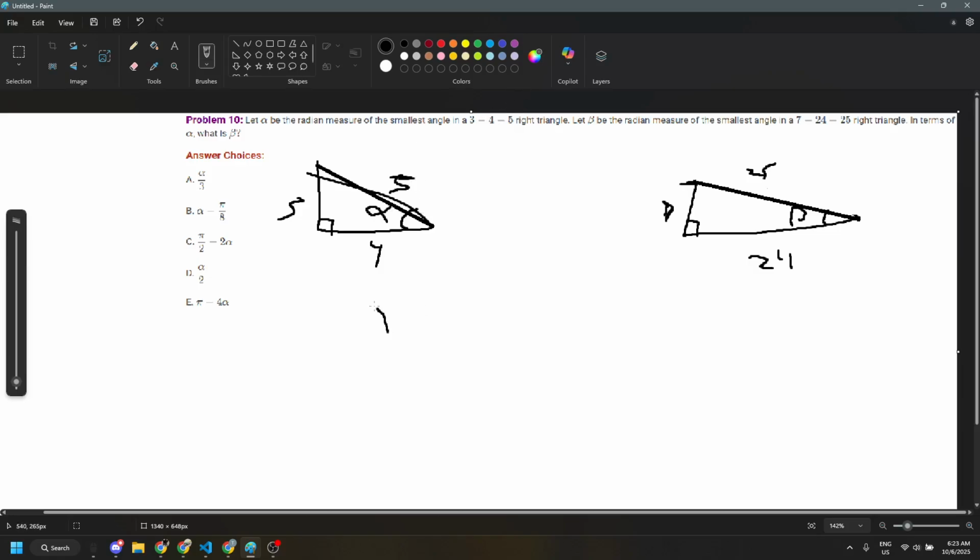So alpha is equal to the tangent of, I don't know, it'd be the inverse tangent. Alpha is equal to the inverse tangent of SOHCAHTOA, so 3/4.